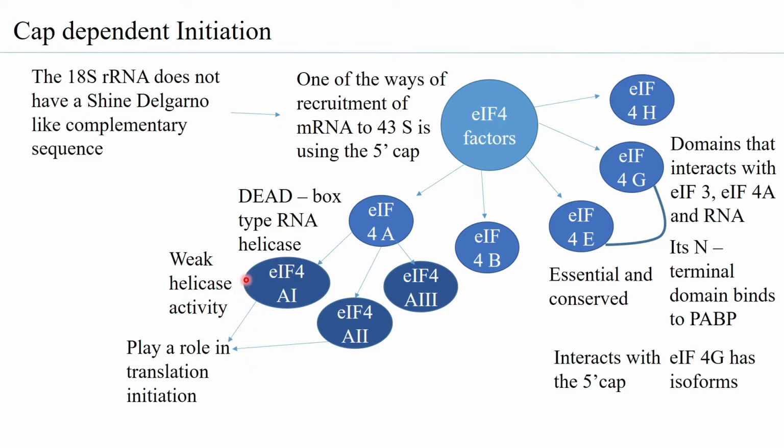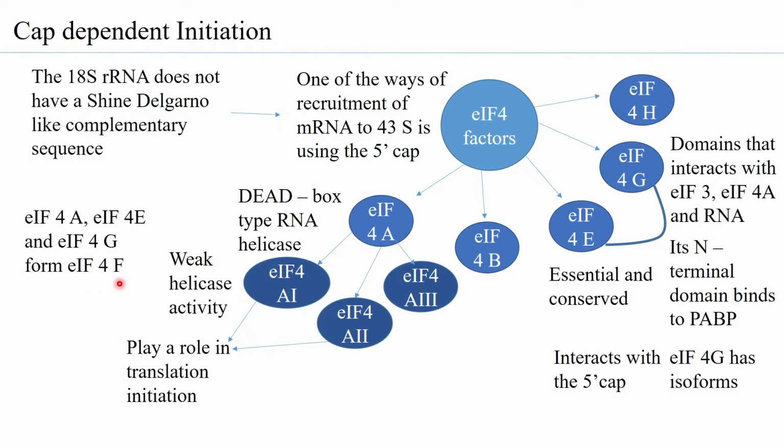Now, what is the role of the RNA helicase? If the mRNA that is bound to the 40S has secondary structures, then those secondary structures are resolved by the helicase. So it is therefore an RNA helicase. What is interesting to note is that the helicase activity is enhanced when you have a complex called EIF4F formed.